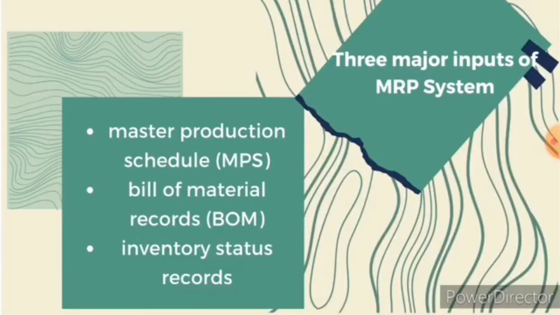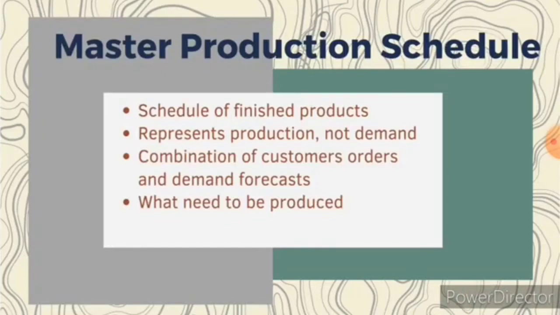So we have here the three major inputs of the MRP system. The first one is the master production schedule, or the MPS. The second is the bill of material records, the BOM, and the last one is the inventory status records. The master production schedule is the schedule of the quantity and timing of all end products to be produced over a specific plan.